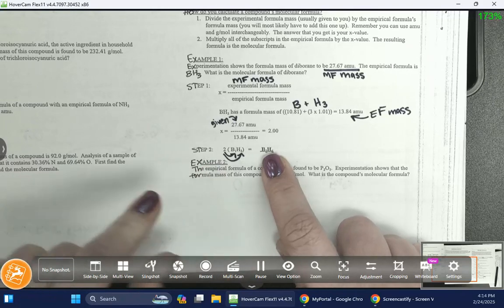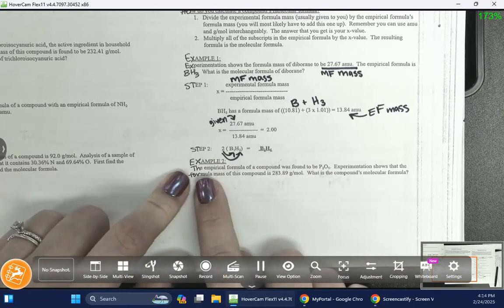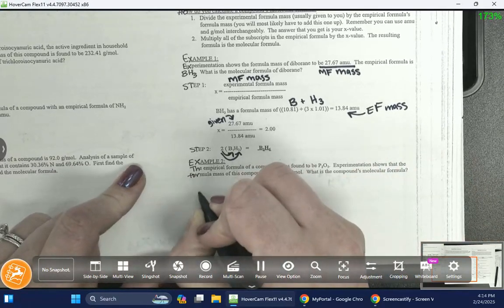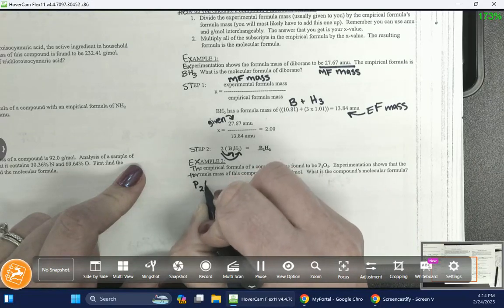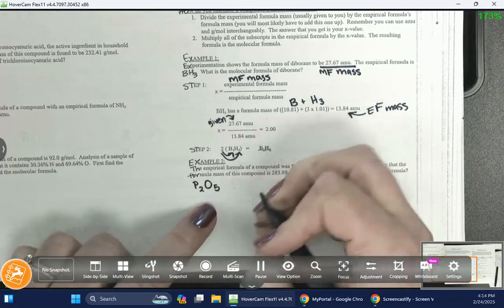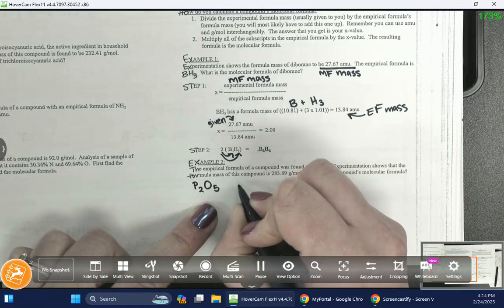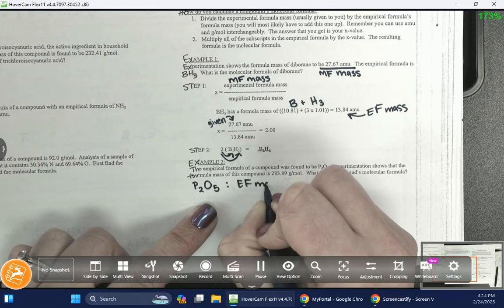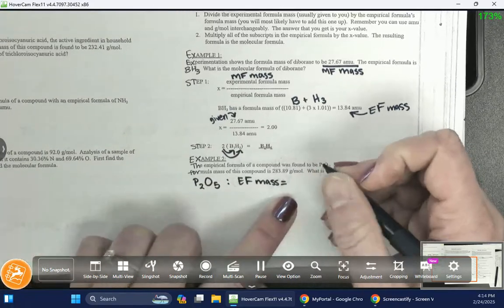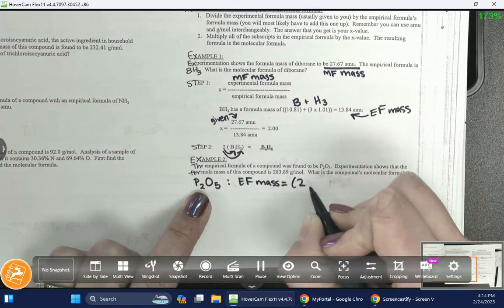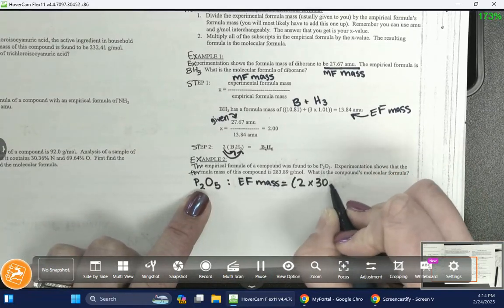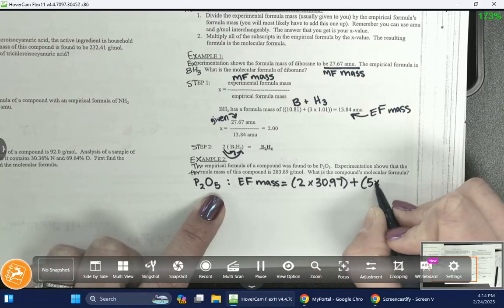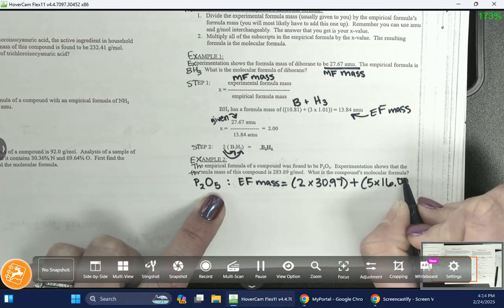Okay? So, example 2 says the empirical formula of a compound was found to be P2O5. So that means that our empirical formula mass is equal to 2 times phosphorus, which is 30.97, plus 5 times oxygen, 16.00.